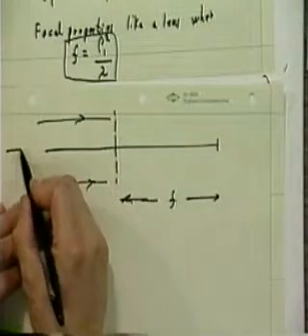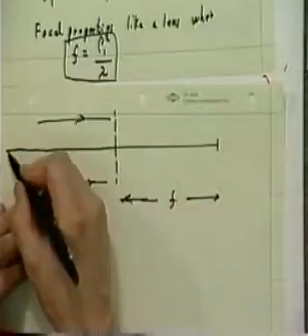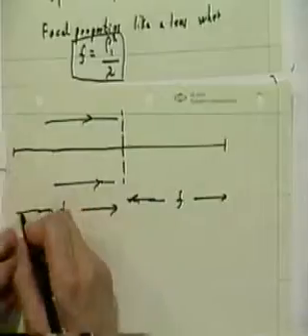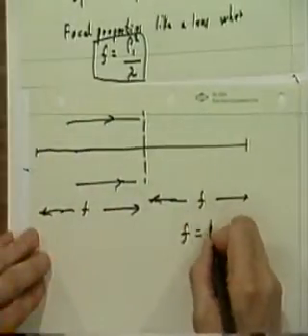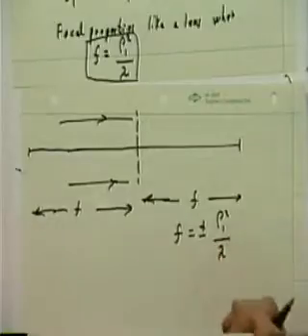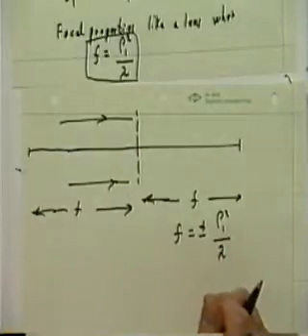And we will also have a negative focus over here, F away. So F is plus or minus rho sub 1 squared over lambda. Okay.